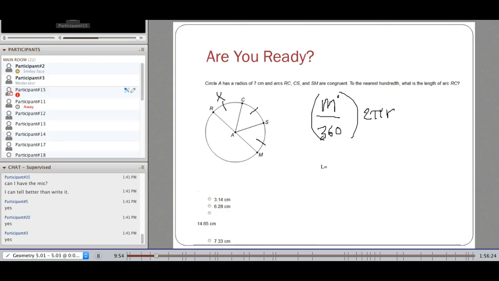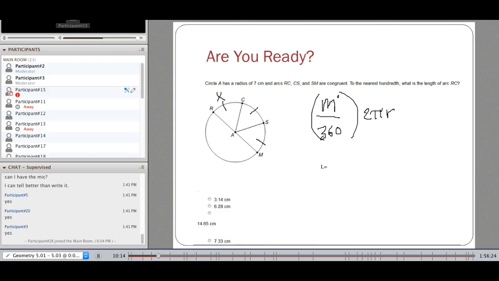Okay, so what I did is I figured out that for the radius, all of the radii are 7.